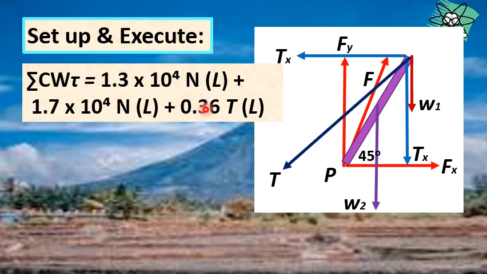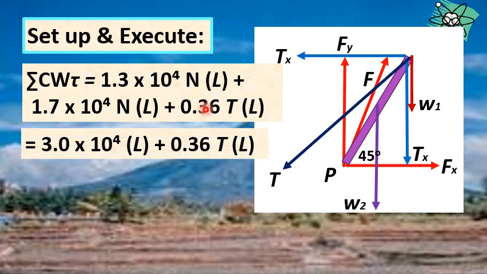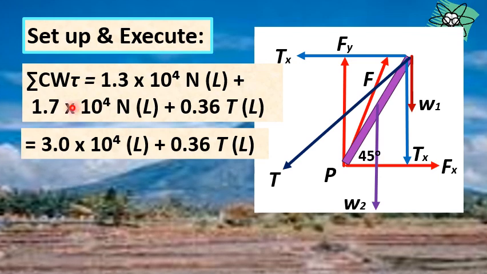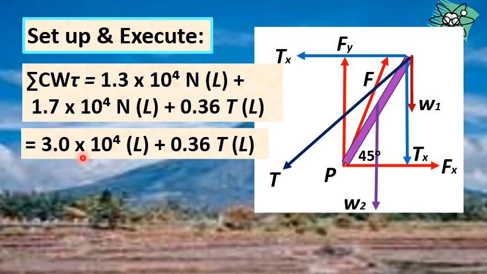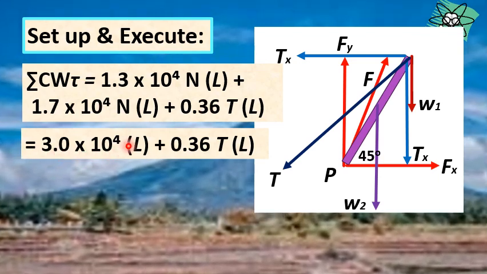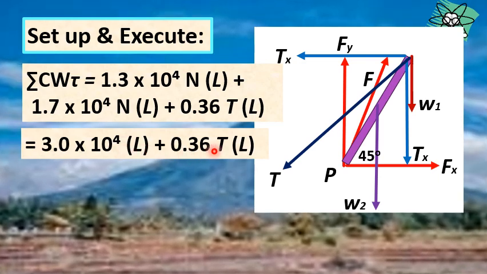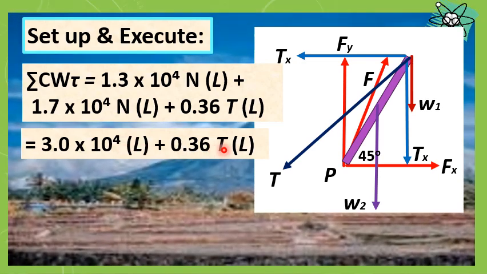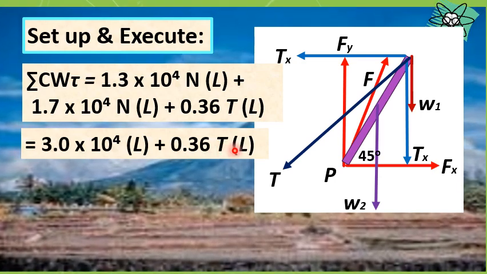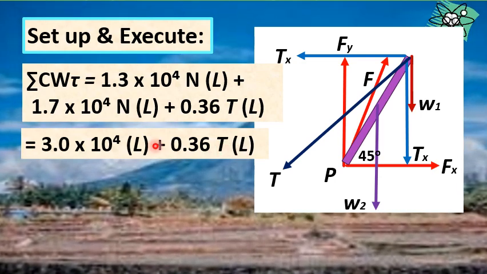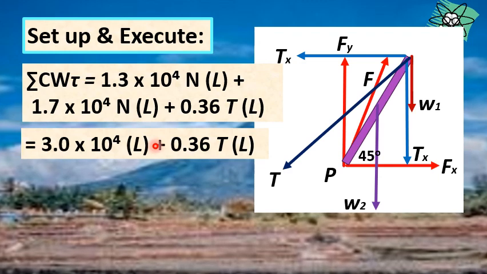So simplifying, we get 3.0 times 10 to the fourth times the length L plus 0.36 times the tension force T and times the length L, right?